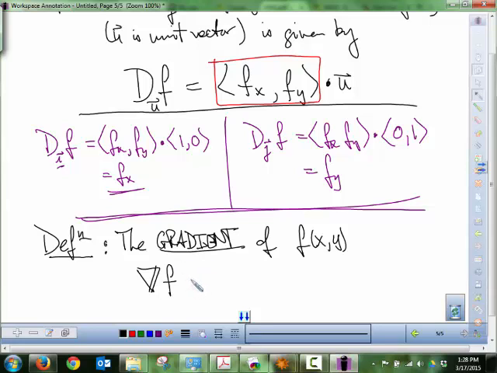And this is going to equal that vector whose first component is the partial with respect to the first variable, and the second component is the partial with respect to the second variable. Sometimes this is also known as grad, as in gradient, grad f.